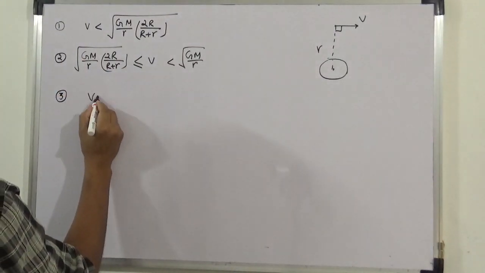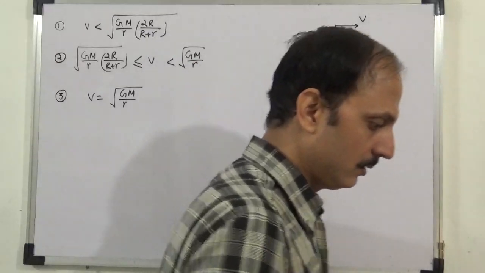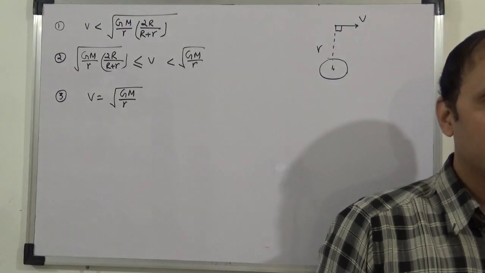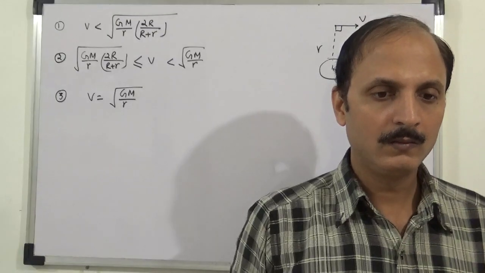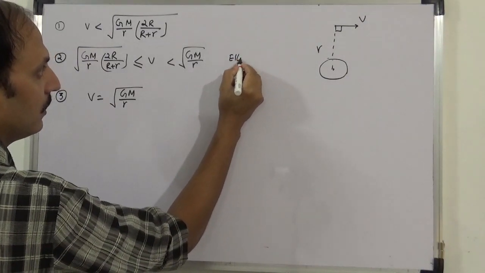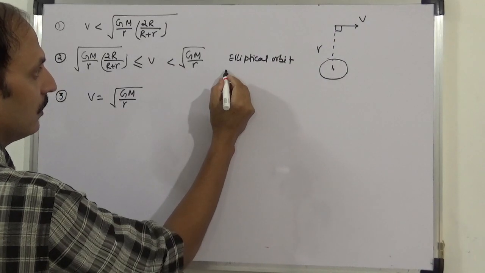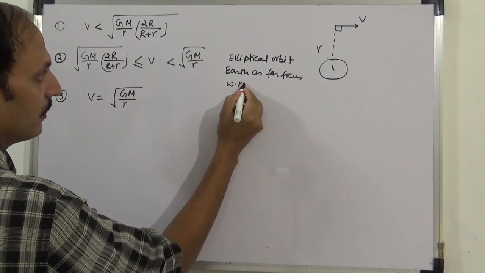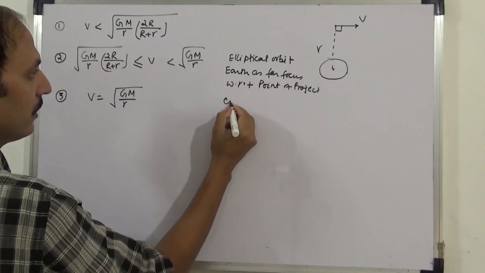Third, if V is sqrt(GM/r), then the body will acquire a circular orbit of radius r. In this case, this is going to acquire a circular orbit.